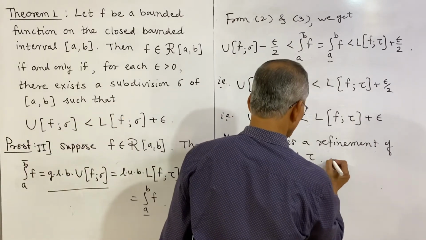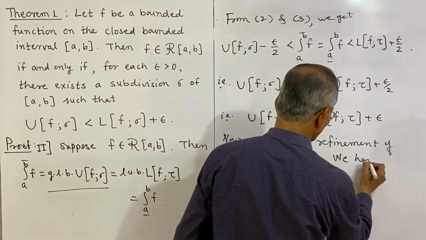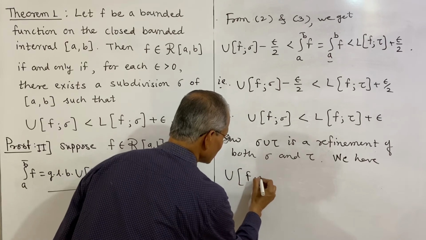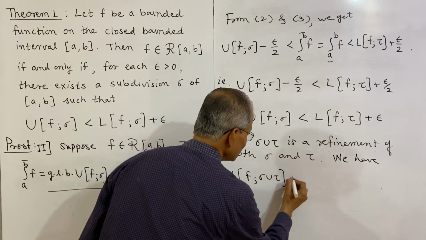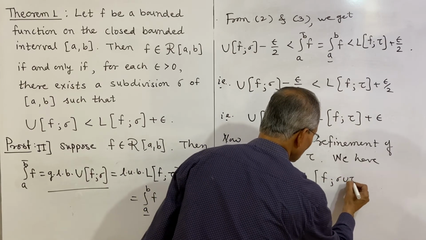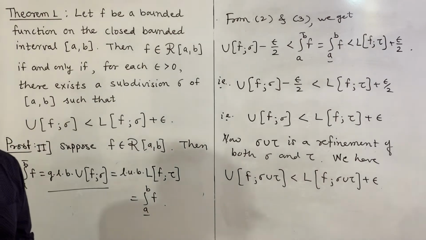So therefore we get: upper sum of f on sigma union tau is strictly less than lower sum of f on sigma union tau plus epsilon. So this is the relation that we have obtained taking refinement.